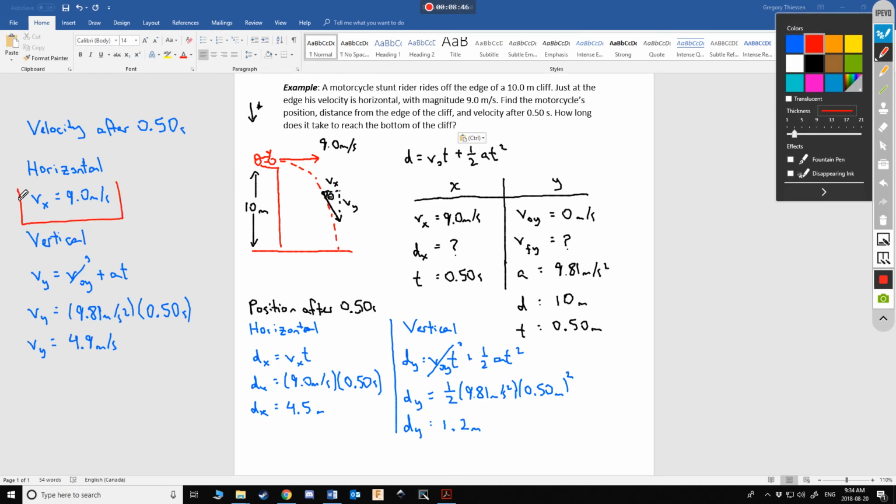So to be careful here, because we are actually not quite done this question, because velocity is a vector. So we actually need to combine Vx and Vy together, just like we would in our previous topics. So at this point, we can see that Vx, the x component of velocity, is 9.0 meters per second. The y component of our velocity is only 4.9 meters per second. But what we can see is that our velocity is the hypotenuse of that triangle that is formed.